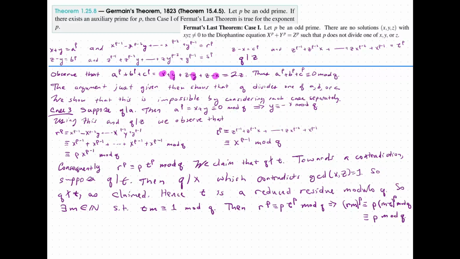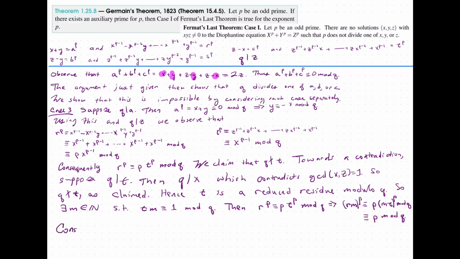But why is this a problem? Well, we have on the left hand side a perfect p power, a p power residue modulo q. And so p is a perfect p power mod q.